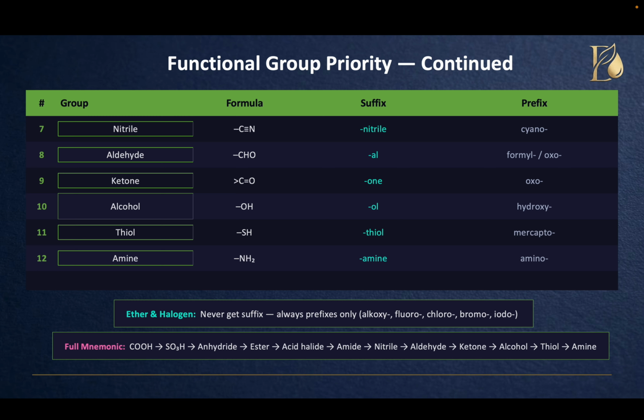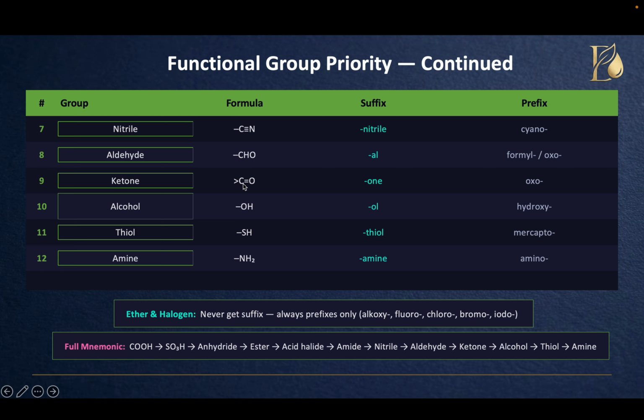Ethers will always have the prefix alkoxy. And for halogens, we will use fluoro, chloro, bromo, iodo based on the corresponding halogen. For example, if the halogen atom is fluorine, the prefix will be fluoro. If it is chlorine, the prefix will be chloro. Like that. Okay, got it?